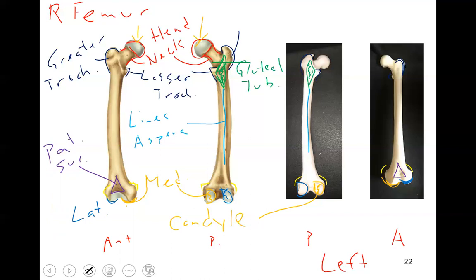These are lateral and medial, depending on which side we're talking about, and we call them epicondyles, right? Remember that the root epi means on top of, so this is literally on top of the medial condyle or on top of the lateral condyle, right?